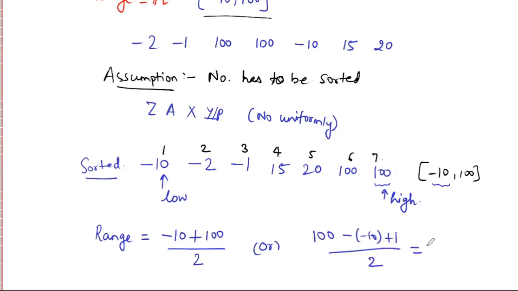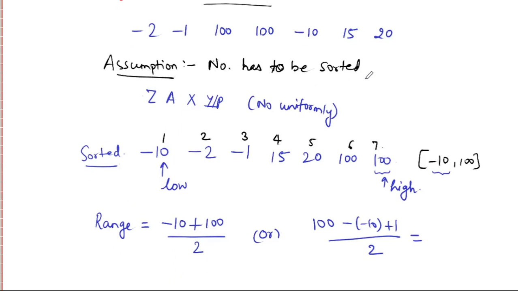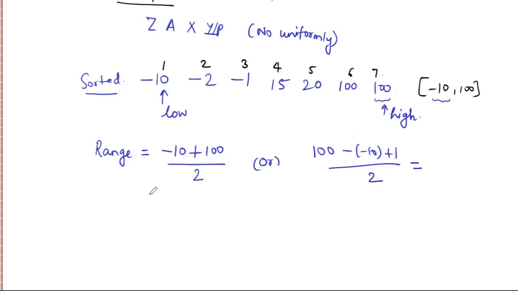So this becomes basically 90 by 2, so the range of this part will be from minus 10 to 45, followed by 46 to 100.